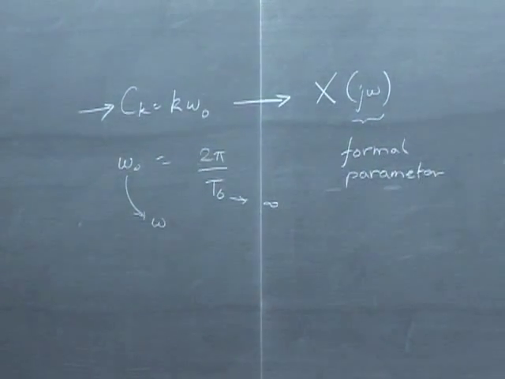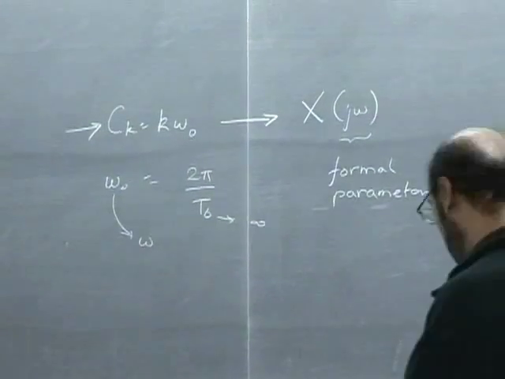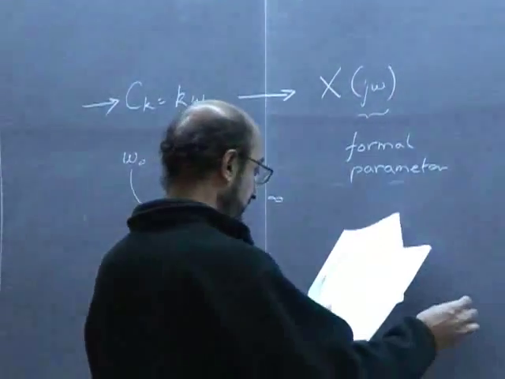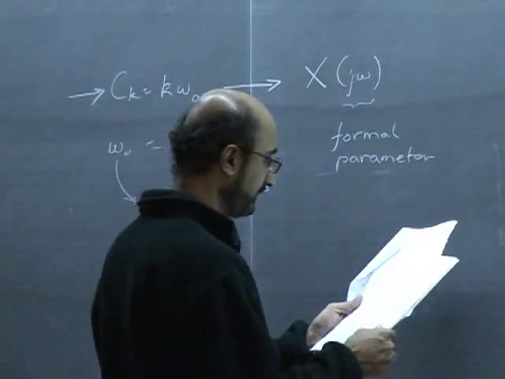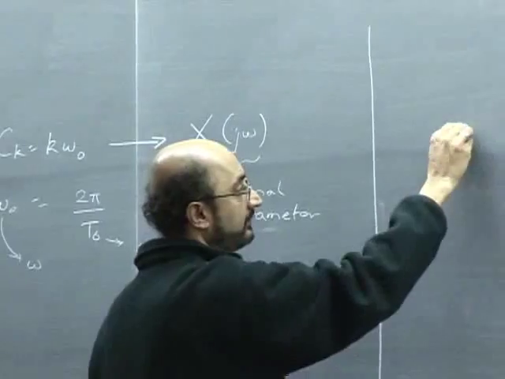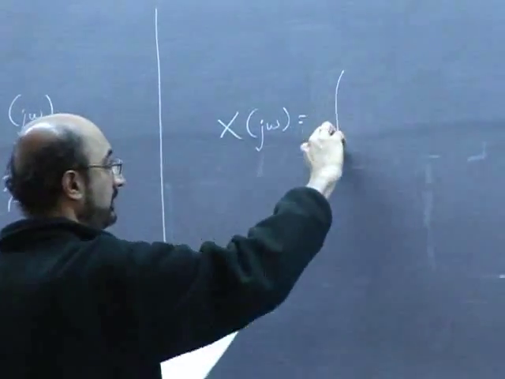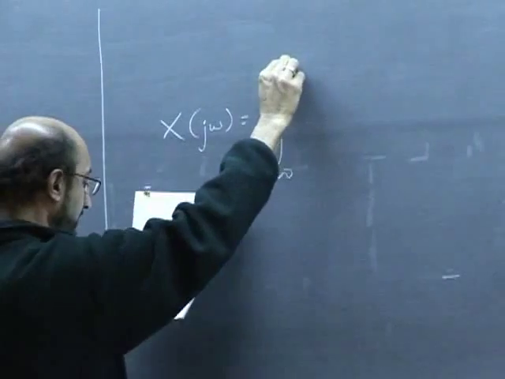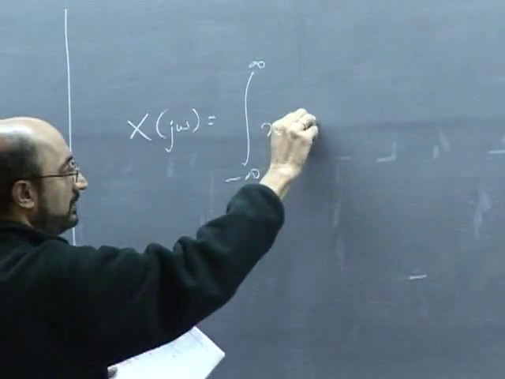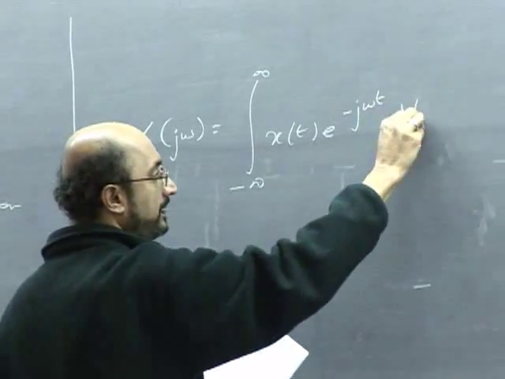And what we saw was that the Fourier transform is defined by, I'll just write this down for you. So the Fourier transform is given by X of j omega equals the integral from minus infinity to infinity of x of t e to the minus j omega t dt.